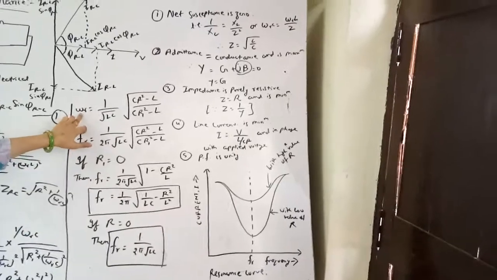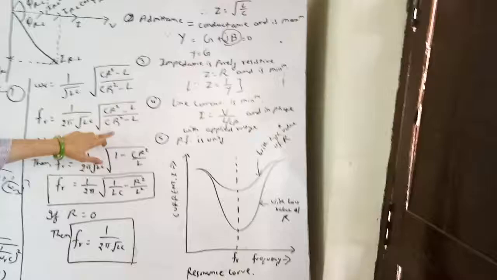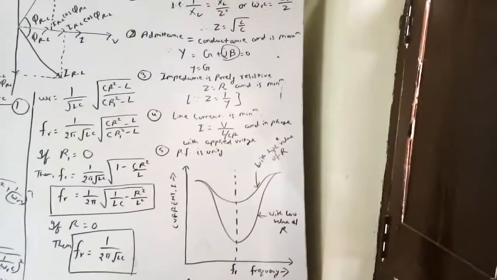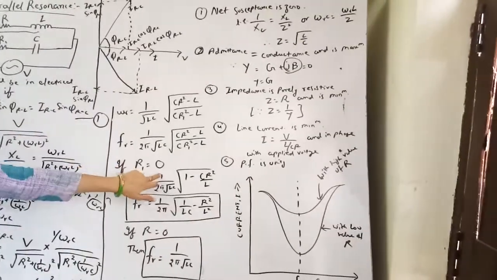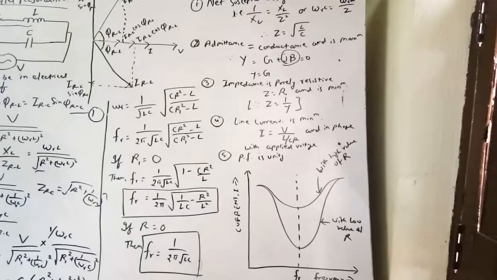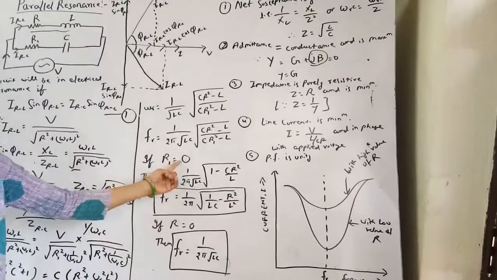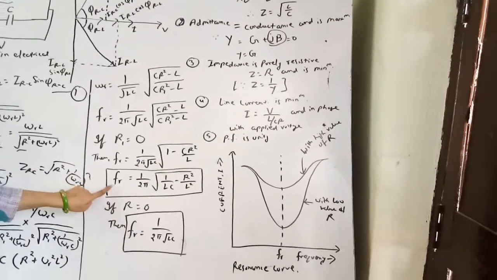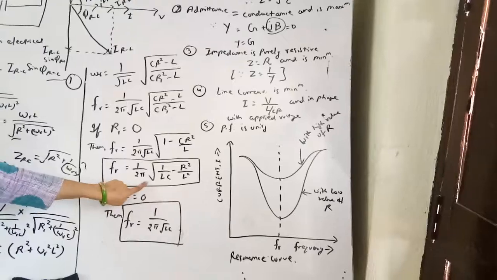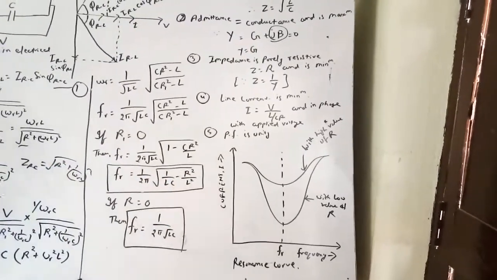So you can find the resonance frequency FR, that is 1 upon 2 pi and that value. Suppose that the resistance across this capacitance branch, R1, is equal to 0. It can be there in the circuit diagram here. So put the value of R1 equals 0, then FR is coming FR equals 1 upon 2 pi root under 1 upon LC minus R square upon L square.